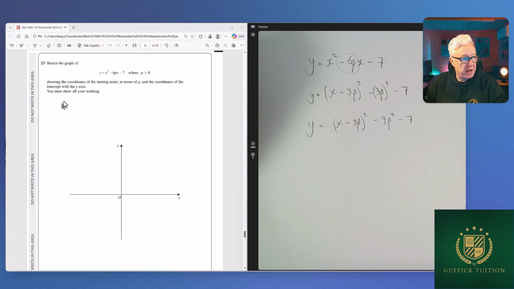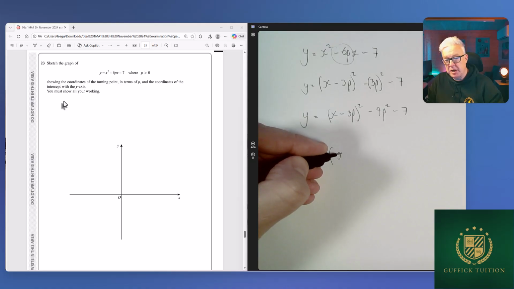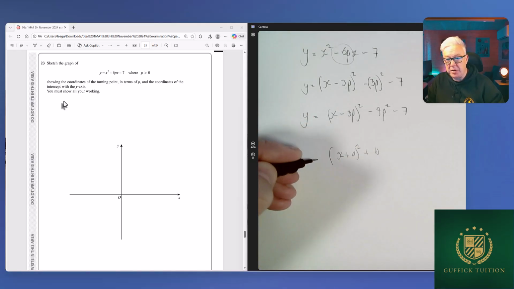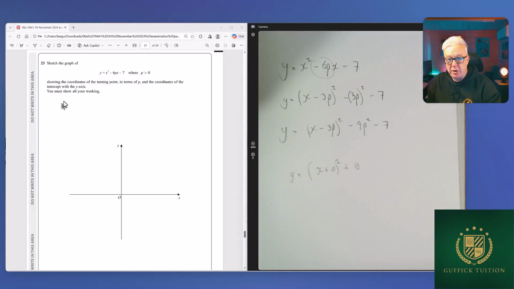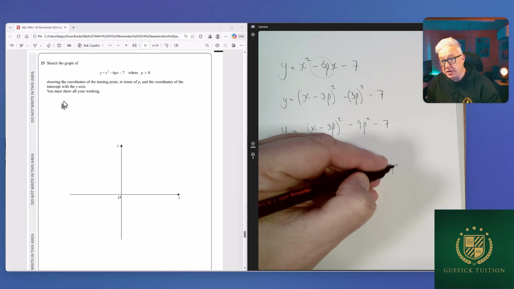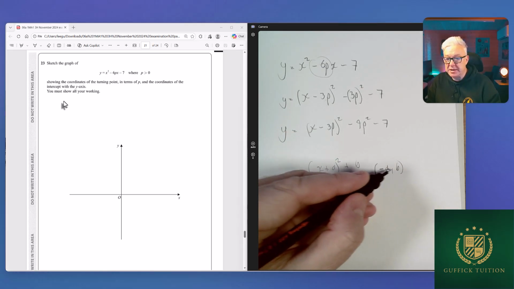Now let's think about this in terms of the coordinates of our turning point. So you might remember, let's go to the more generic. If we have x add a squared add b, this is how you're more used to seeing completing the square. And you may or may not remember that when it's written like this, the coordinate of the turning point, which means the minimum or maximum of the quadratic, is given by minus a, b.